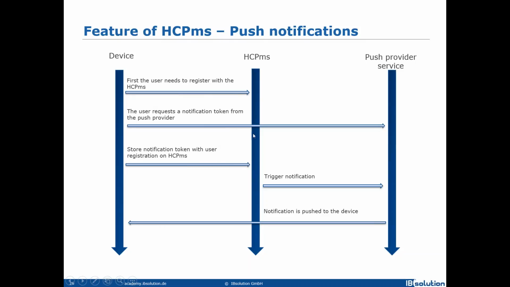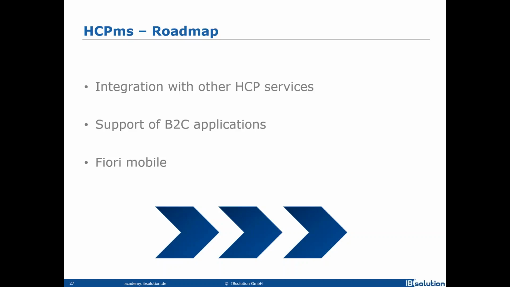So the HCPMS knows this token is for this application and for this device by getting its application connection ID and pairing it with the application. So when we want to trigger a notification, the HCPMS does not push it directly to the device. It pushes to the push provider service, which then pushes the notification directly to the device. And okay, let's go faster so we can do the demo.